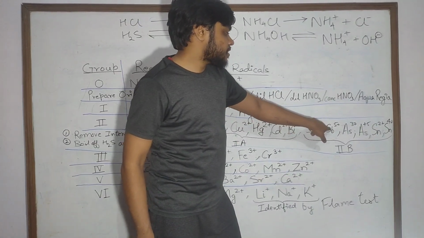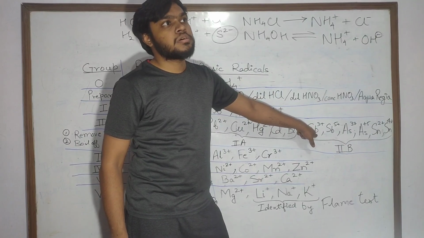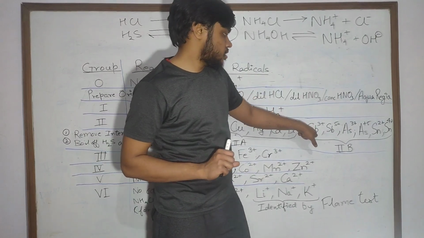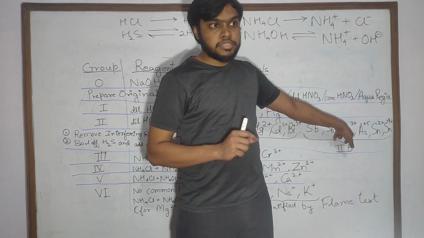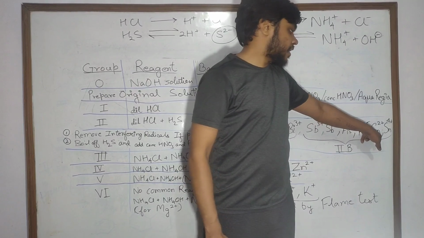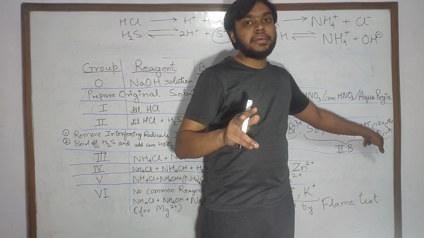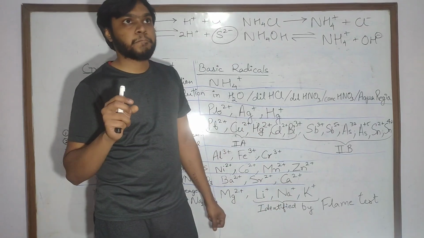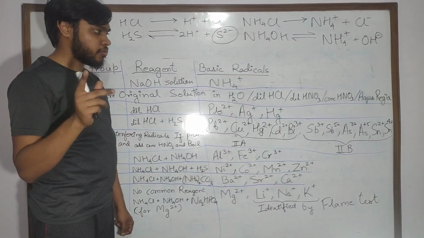Antimony 3 sulfide is orange in color, and arsenic sulfide is yellow or brown in color. And tin 2 sulfide, I think, is also yellow or maybe brown in color.